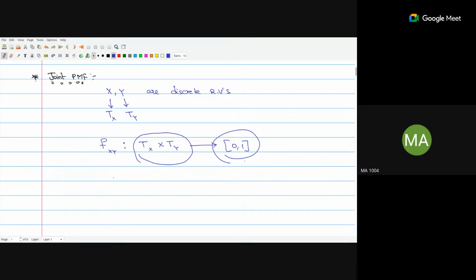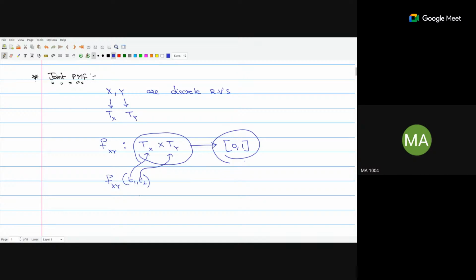It is defined as fxy of x comma y, or let me use the professor's notation, t1, t2. This t1 comes from the range Tx, and this t2 comes from the range Ty. So the input for this function is the ordered pair t1 comma t2.